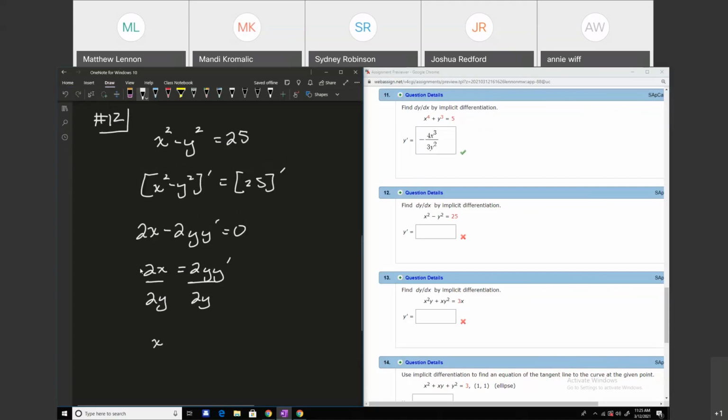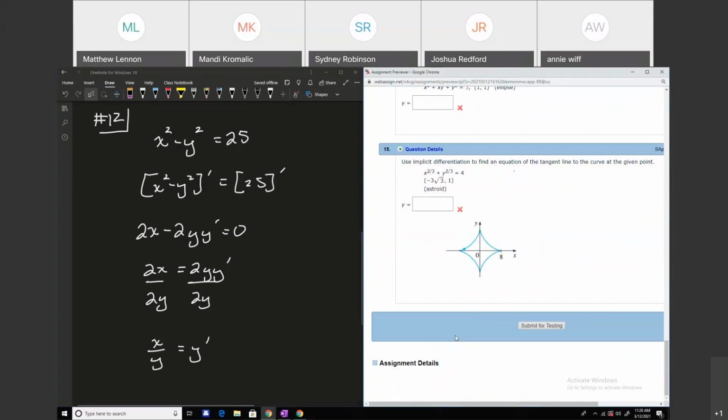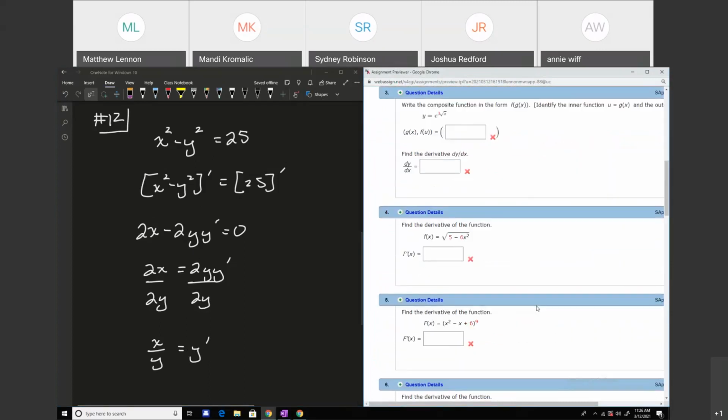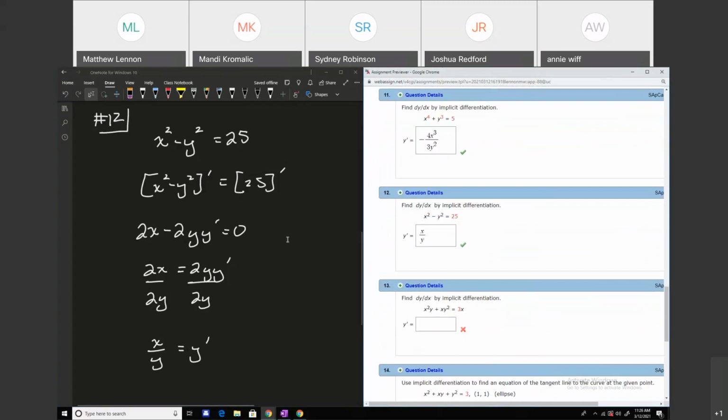So on the left, the 2's will cancel, and we'll just get x over y is y prime, and that'll be our answer. So just x divided by y.